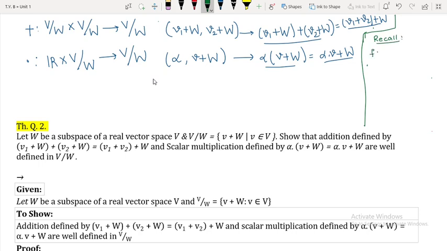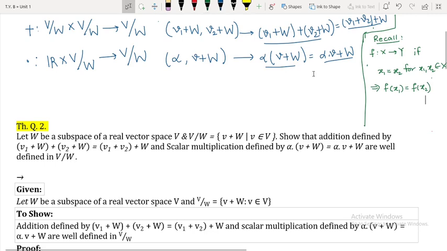A function f from X to Y is said to be well defined if x1 is equal to x2 for x1, x2 belonging to X implies f of x1 is equal to f of x2.